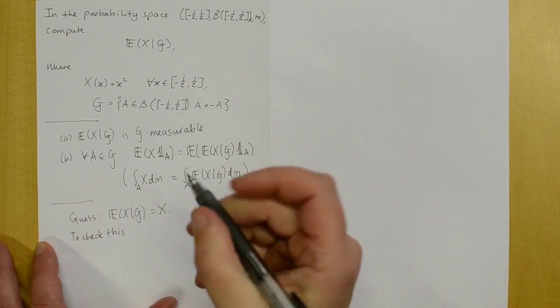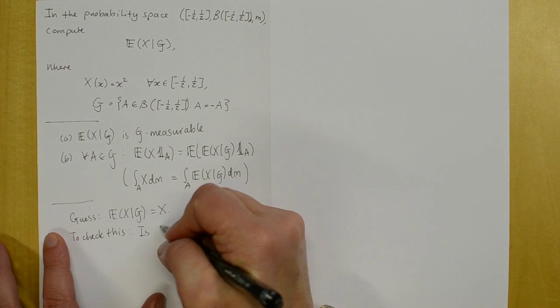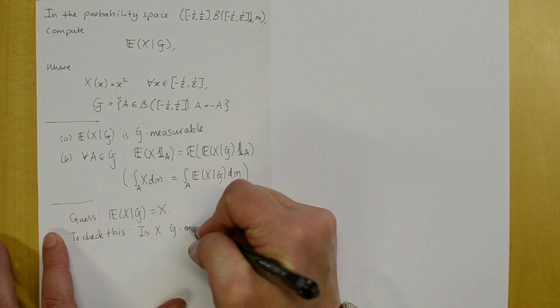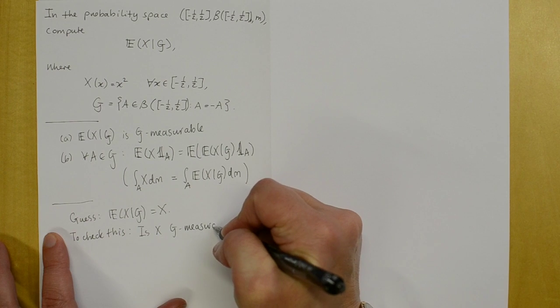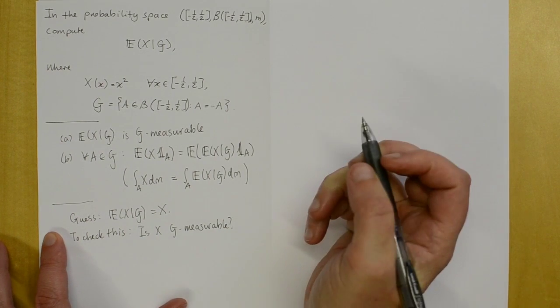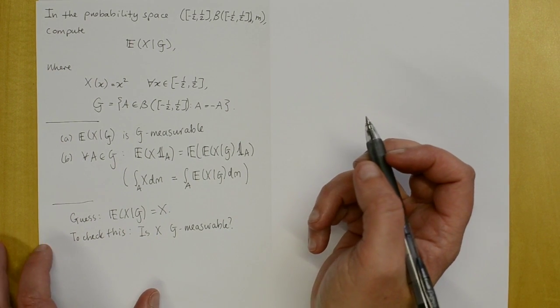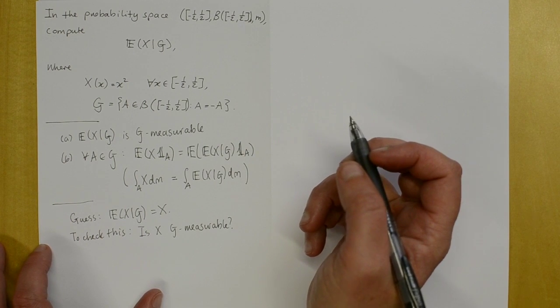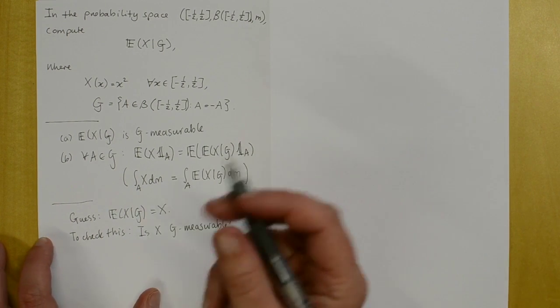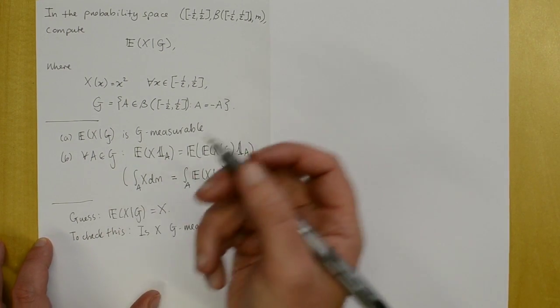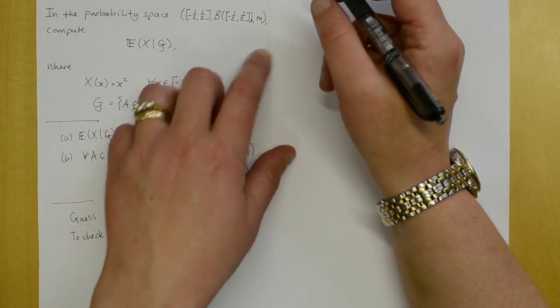is answer the question, is X G measurable? So to prove this, let's have a look at any Borel set B. So I'm going to prove it over here.